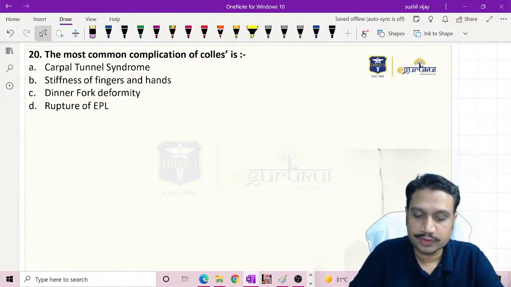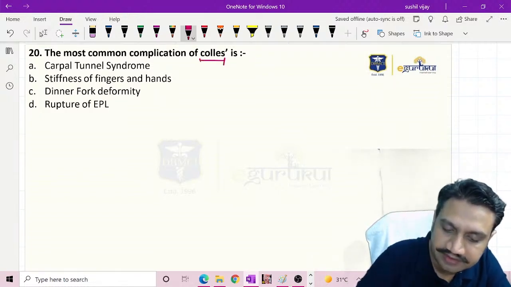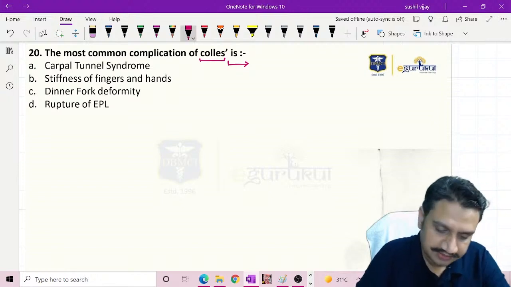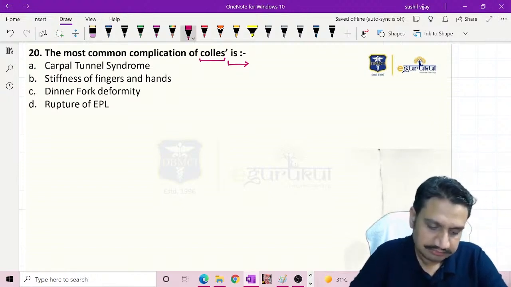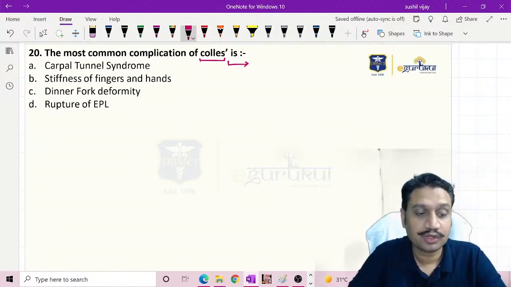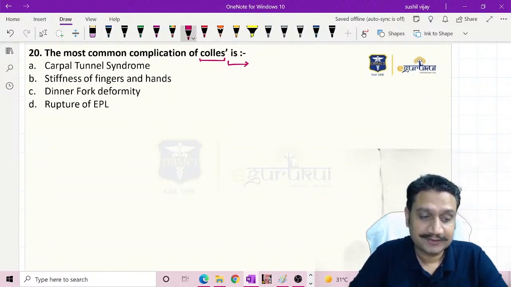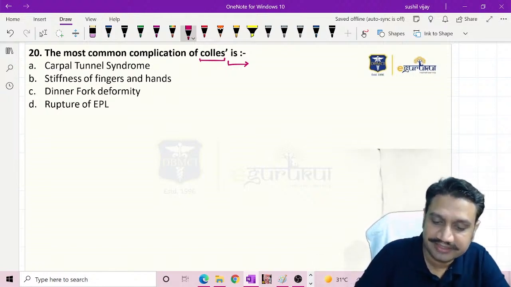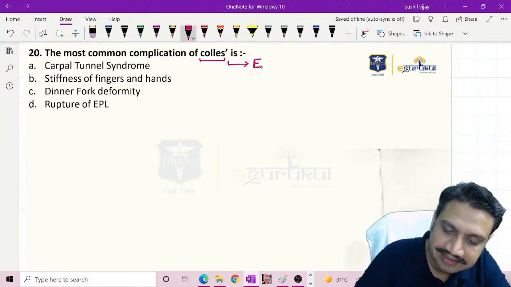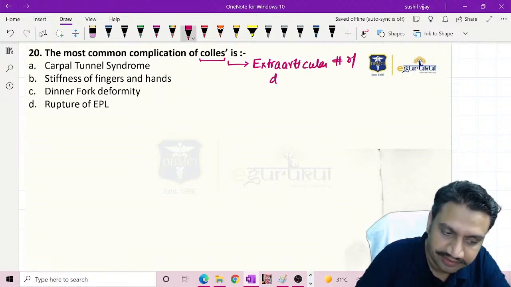So what is Colles fracture? How do you define it? Ambika is wrong, Abhi is also wrong. Colles is an extra-articular fracture of the distal end of the radius. Am I right on this? Very good, Vijay is right.